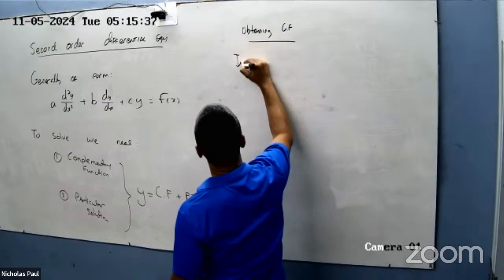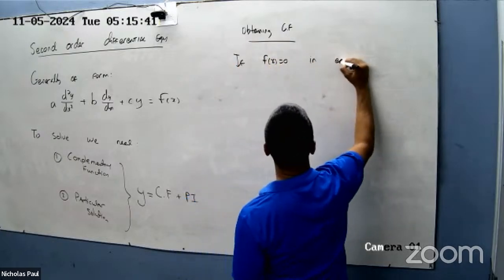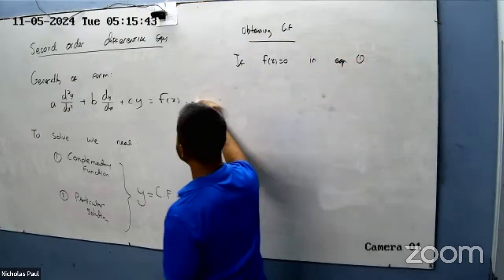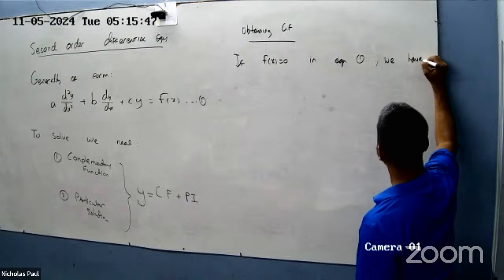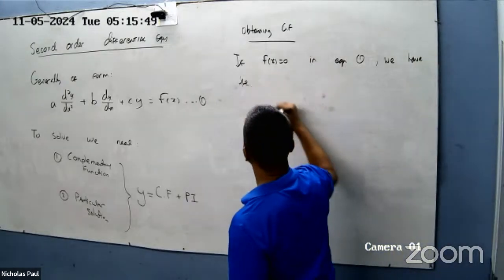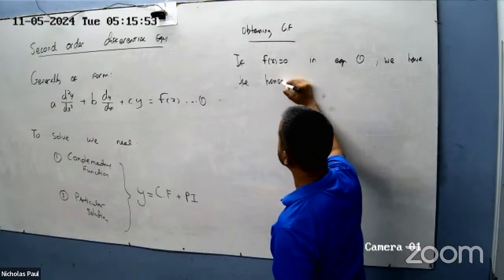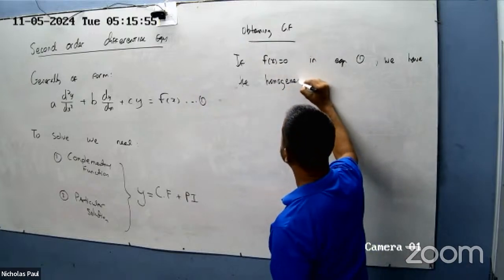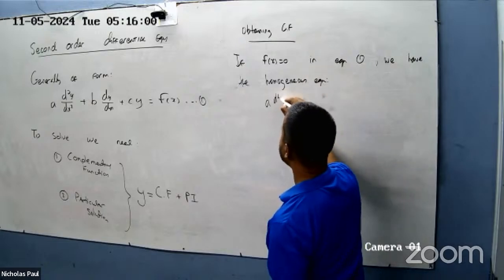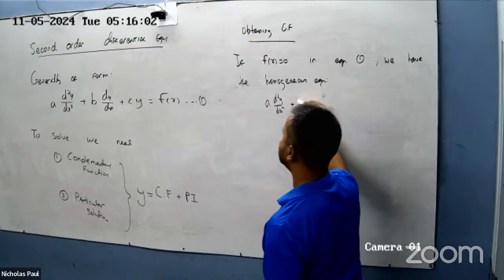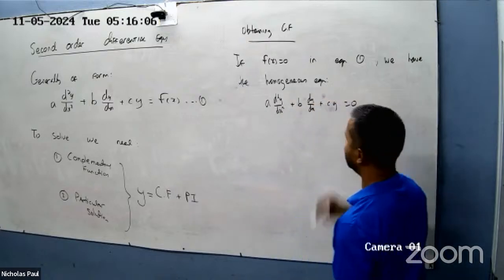Ready? So if f of x is equal to 0 in equation 1, we have the homogeneous equation a d2y/dx squared plus b dy/dx plus cy is 0.